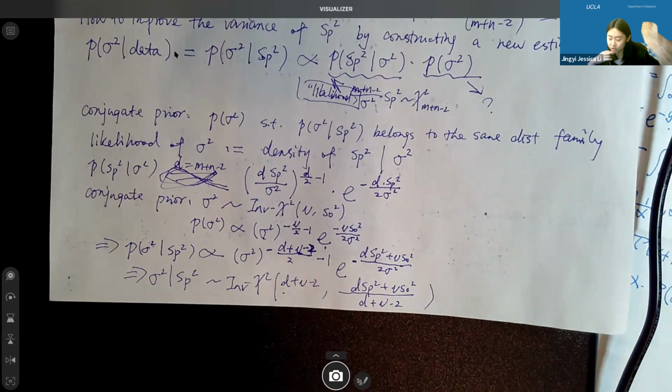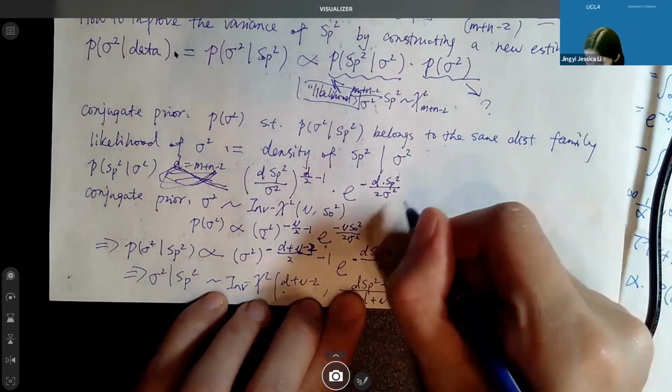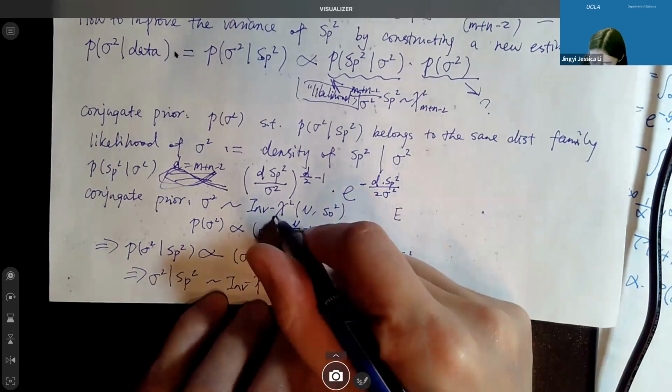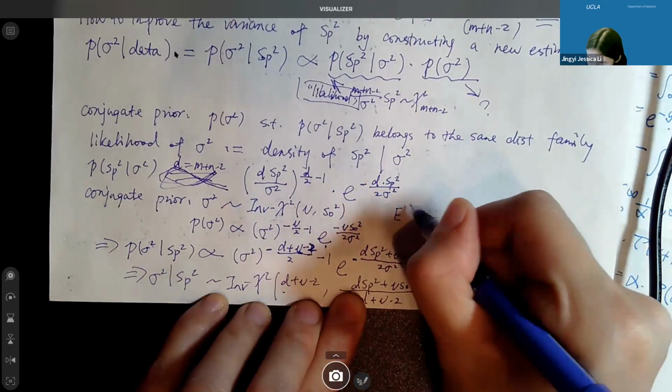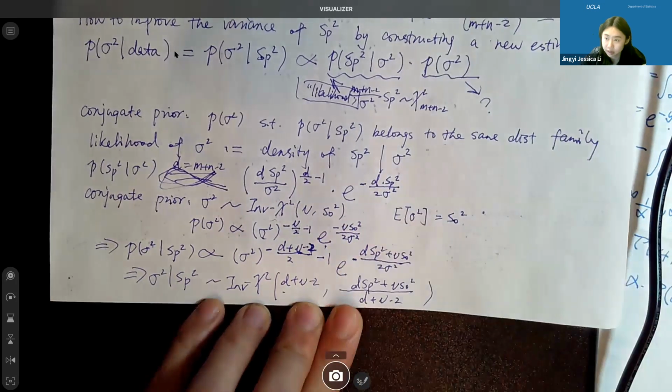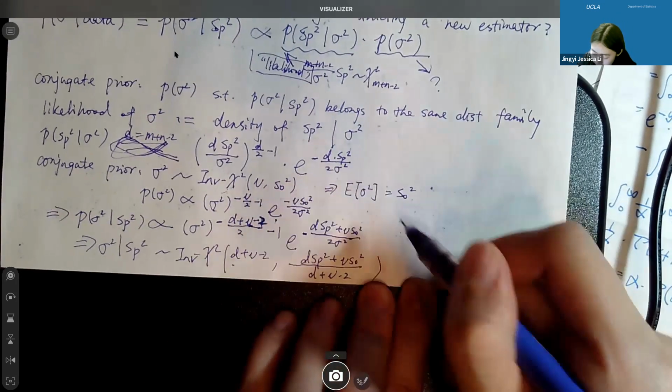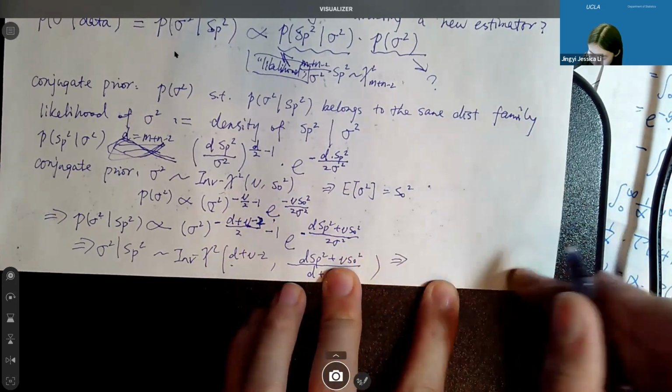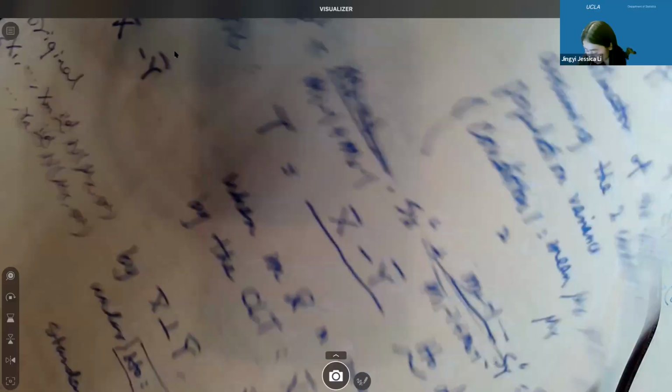Okay, so finally, the expectation actually is S0 squared. So basically, this property of this parameterization is that the expectation of sigma squared is S0 squared. So going to the posterior, let me number my page.